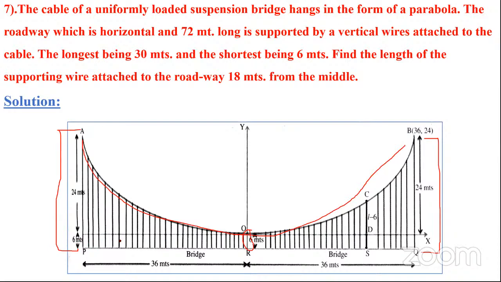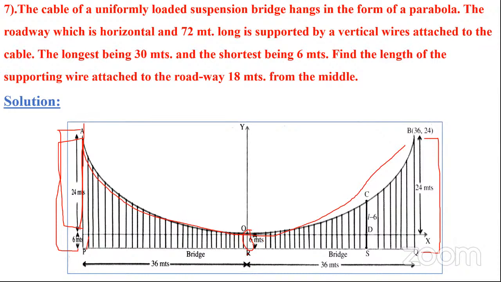Out of 30 meters, 6 meters, we can take this one as 24 meters. So this is 6 meters, this is 24 meters. 24 plus 6 is nothing but 30, that is 24 meters from here. Okay, so then this is 6 meters.